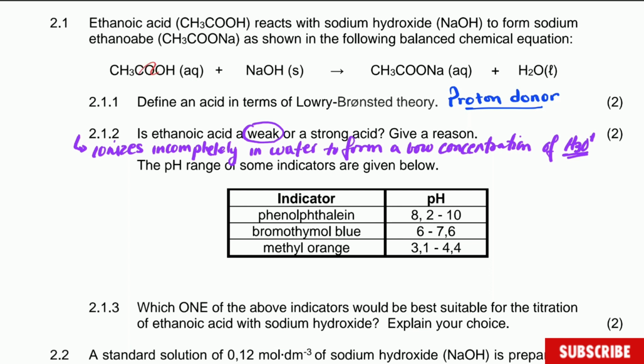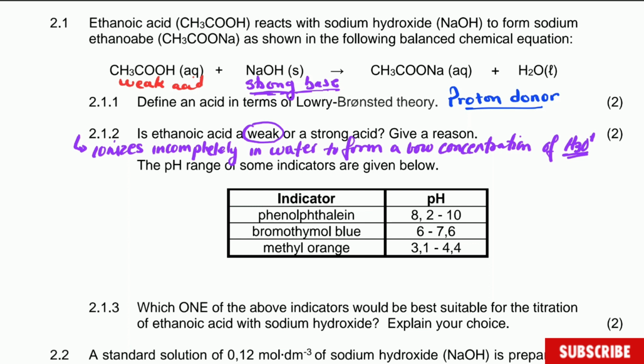Now, what is important to know? We have a weak acid and we have a strong base. This is a strong base because it's sodium hydroxide. It's a group 1 metal hydroxide and all of them are strong bases.